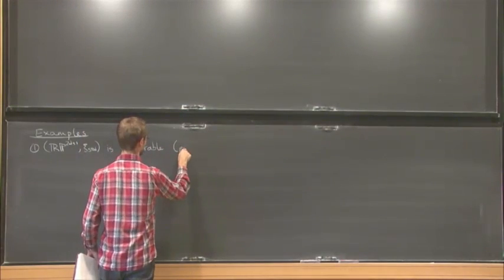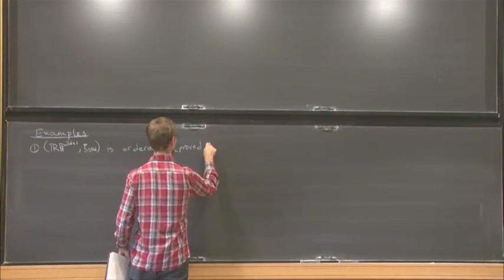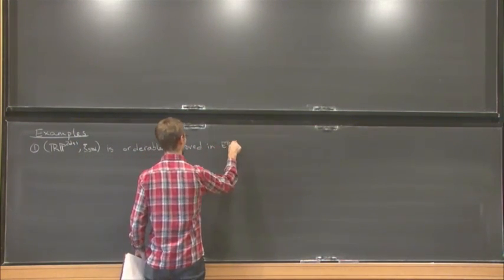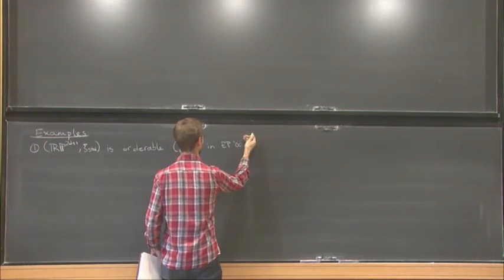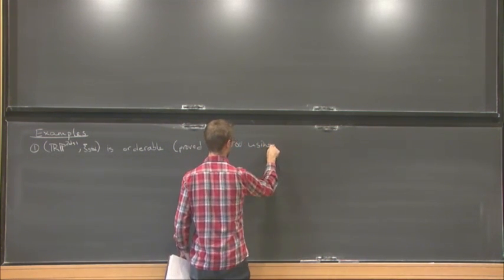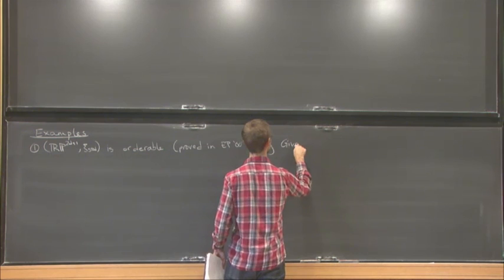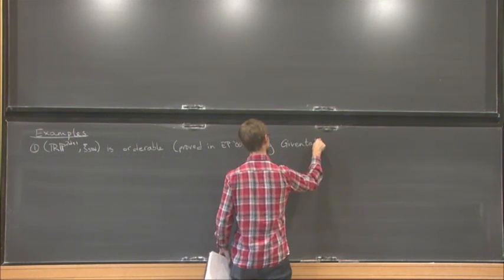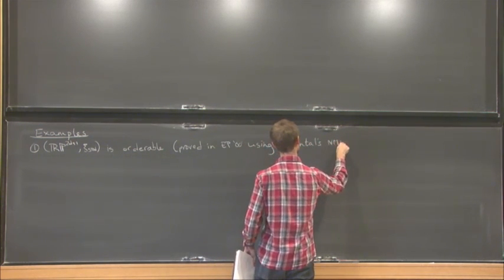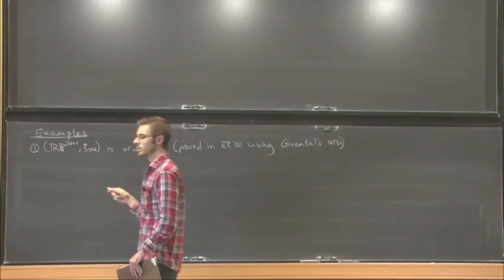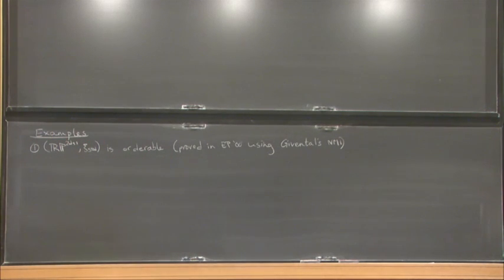And this was proved in a paper in 2000 using Givental's nonlinear Maslov index. And to my understanding, they thought that this should lift to the sphere somehow, that there shouldn't be contractible loops of positive contactomorphisms on the sphere.